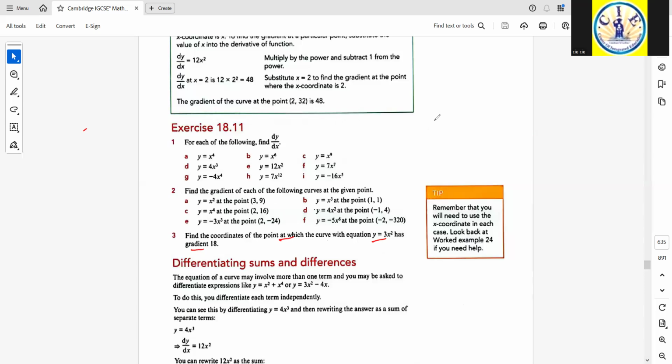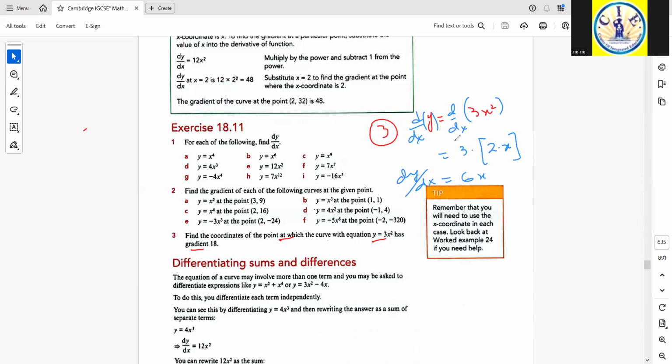So we need to continue by taking the derivative. y equals 3x squared. So when we take its derivative, that is going to be d by dx of this and then d by dx of this. Solving it out, 3 times derivative of x squared, that is 2x, that is actually 6x.